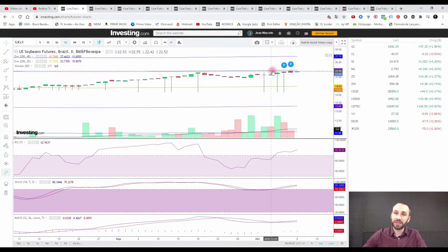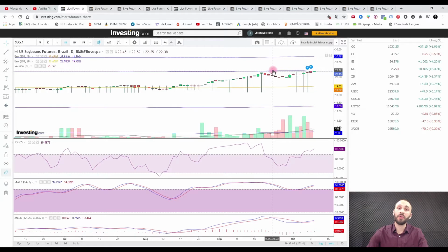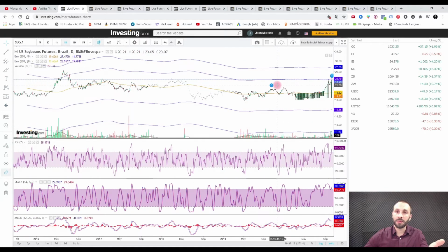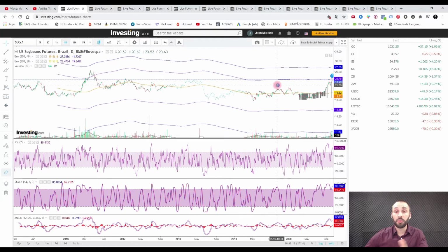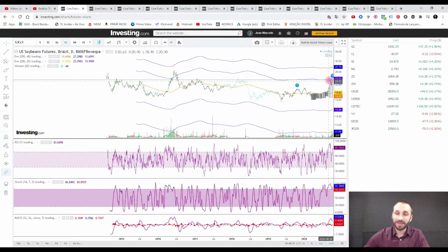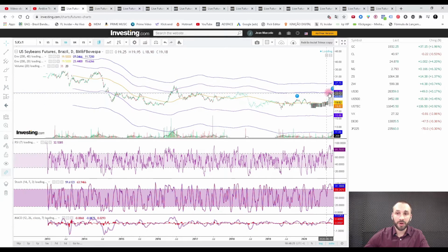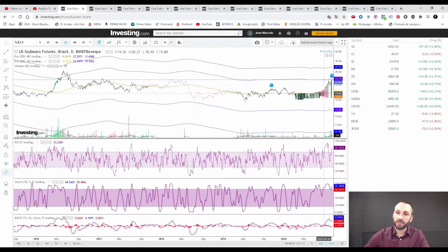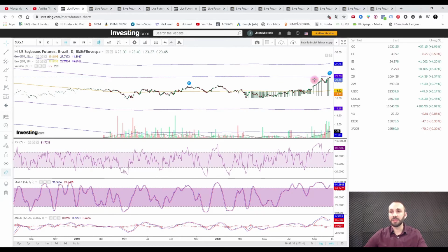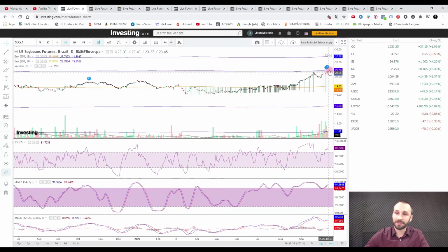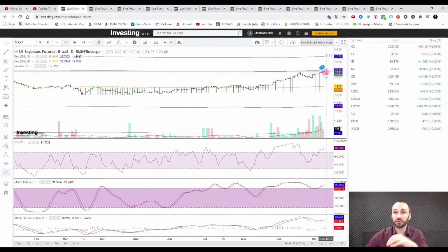Here we have the envelope of 20%. What does this indicator tell us? Let's see how the price behaves every time it approaches this envelope. Right now this envelope is a resistance. So if the price approaches this envelope, the probability is that the price moves down.